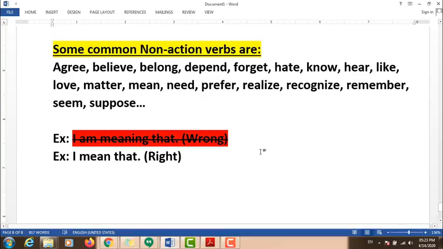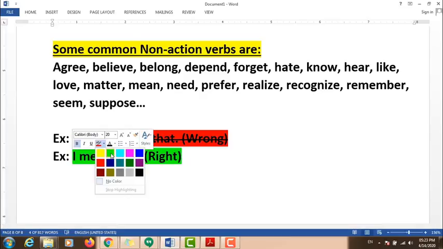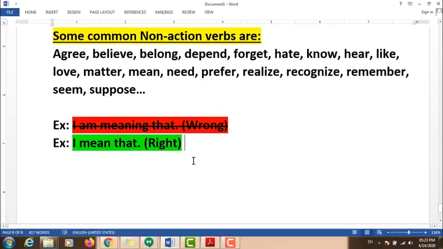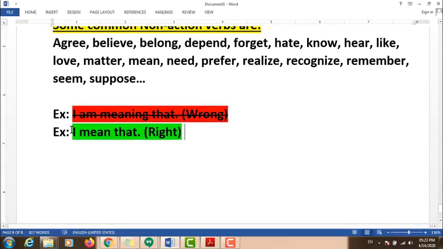Why? Because this is a non-action verb, and non-action verbs can be used mostly in simple present, and you cannot use them in present continuous. All right, guys, thank you.